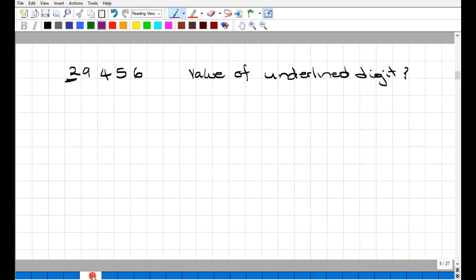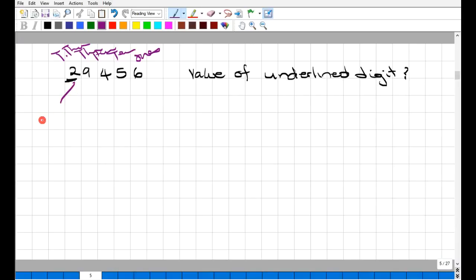What's the value of the underlined digit here? 20,000, sir. All right. So 20,000. If we had the 6 here, this is ones, tens, hundreds, thousands, and ten thousands.